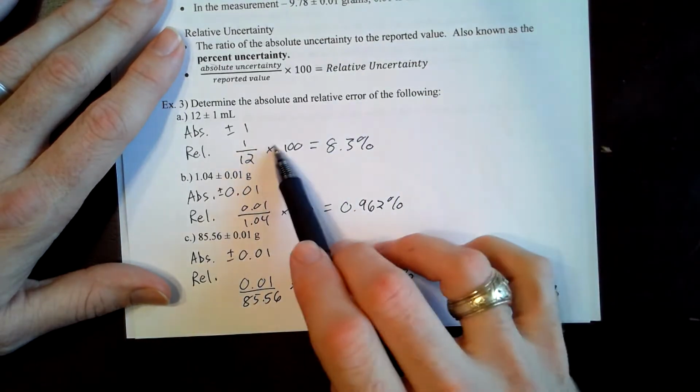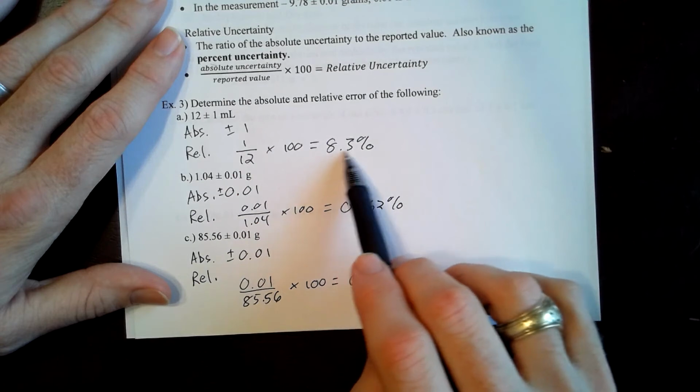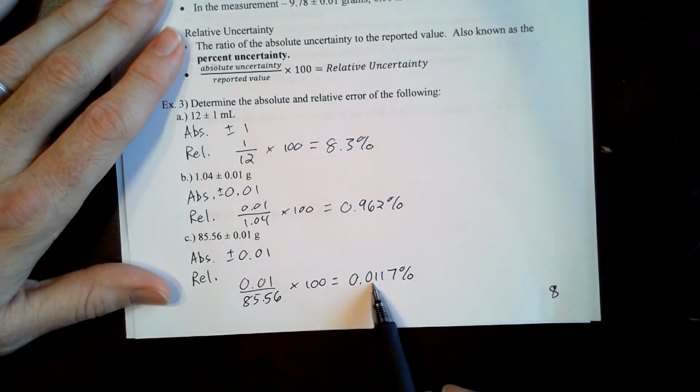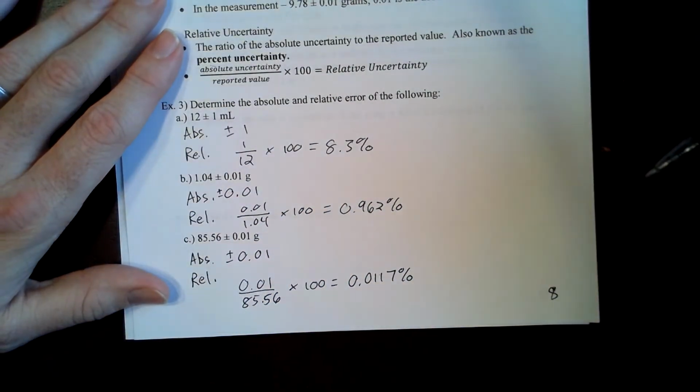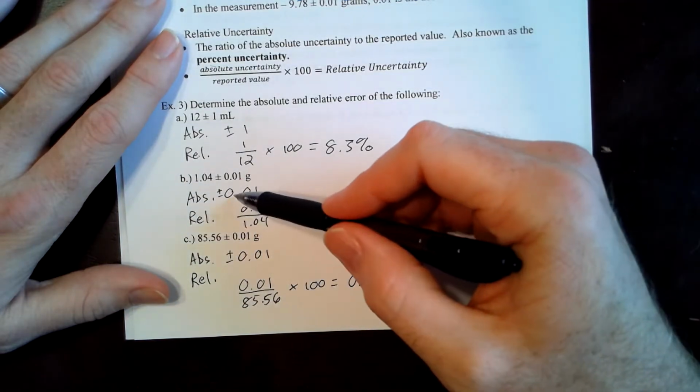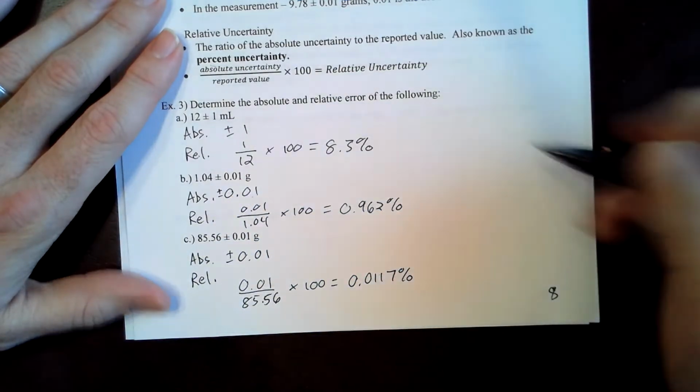It was very significant here, and this is how you would try to limit this out of your data. You want it looking more like this. And a word of note, whenever I see this 0.01, please don't write 0.1.